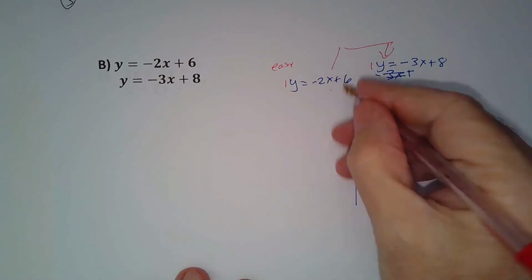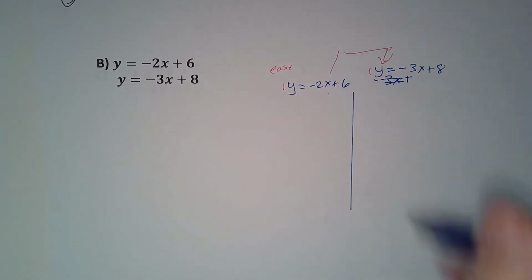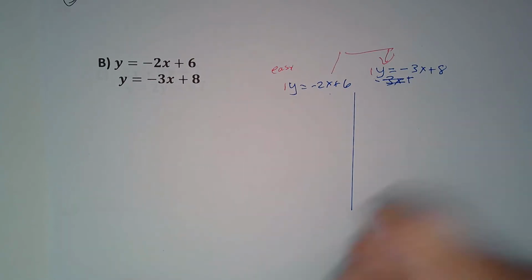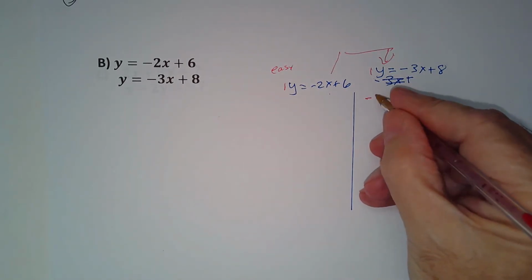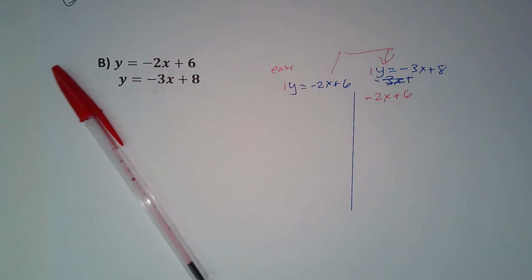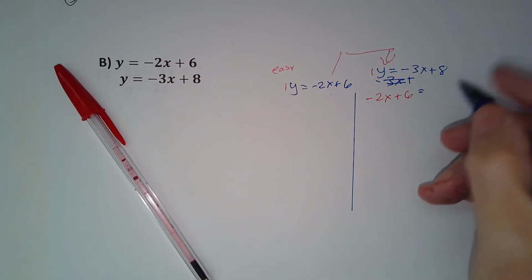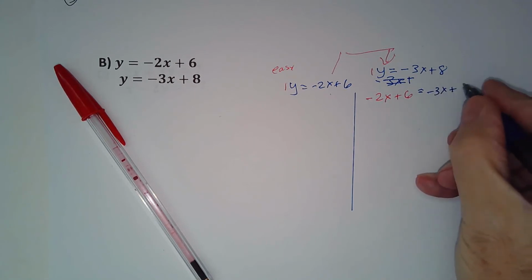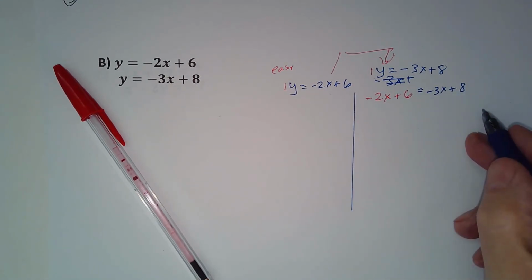So all this expression will be substituted. So I'll rewrite this as, let's just do this in red for the moment. Negative 2x plus 6 equals negative 3x plus 8. Now notice I've got just x's in the equation.